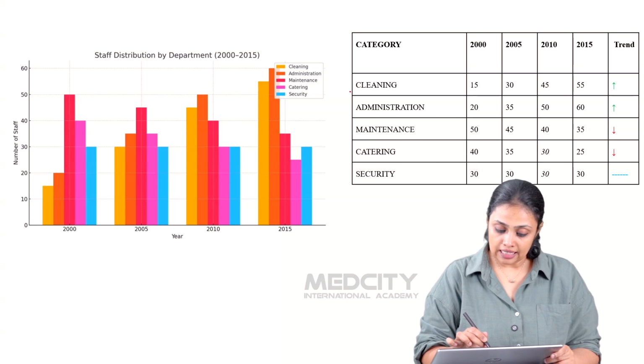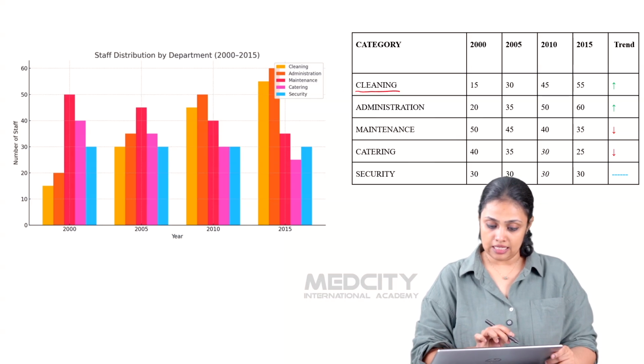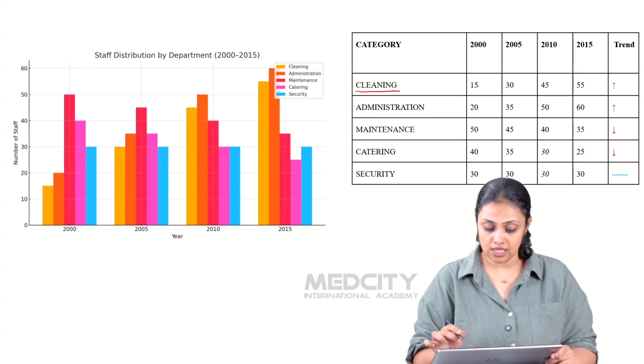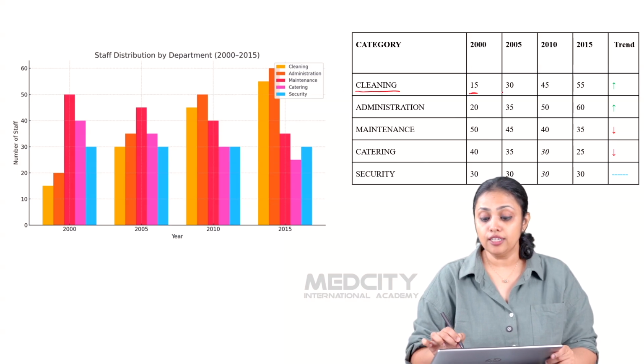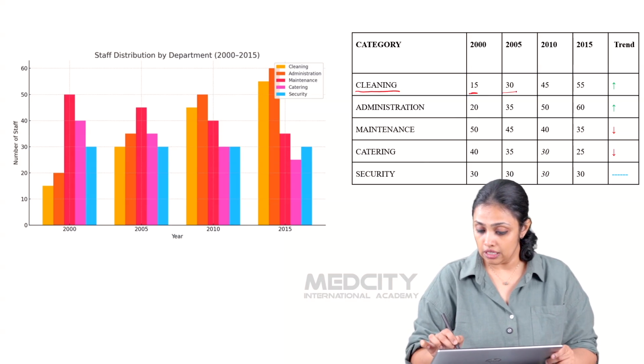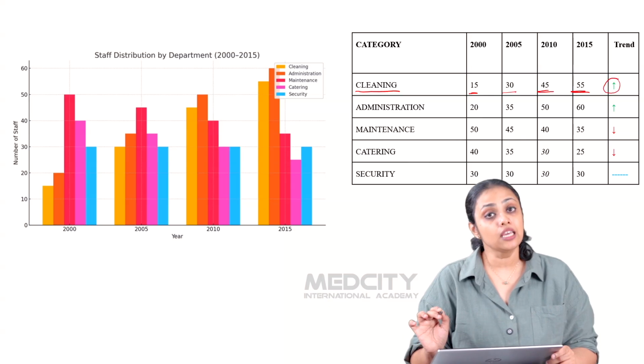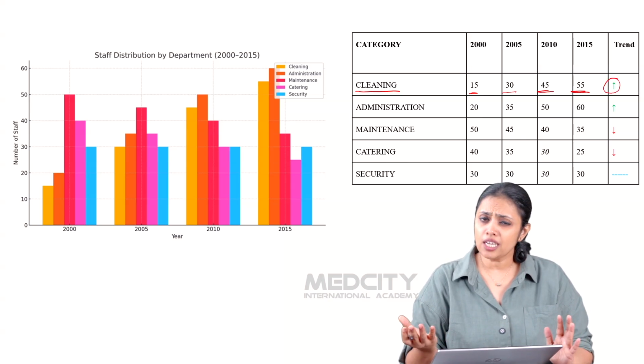Now, when we look at the cleaning staff, what you can see is that in the year 2000, the number of cleaning staff was 15, and in 2005 it increased to 30, then in 2010 to 45, and then in 2015 to 55, which means that the trend is an increasing trend. And what kind of increase?